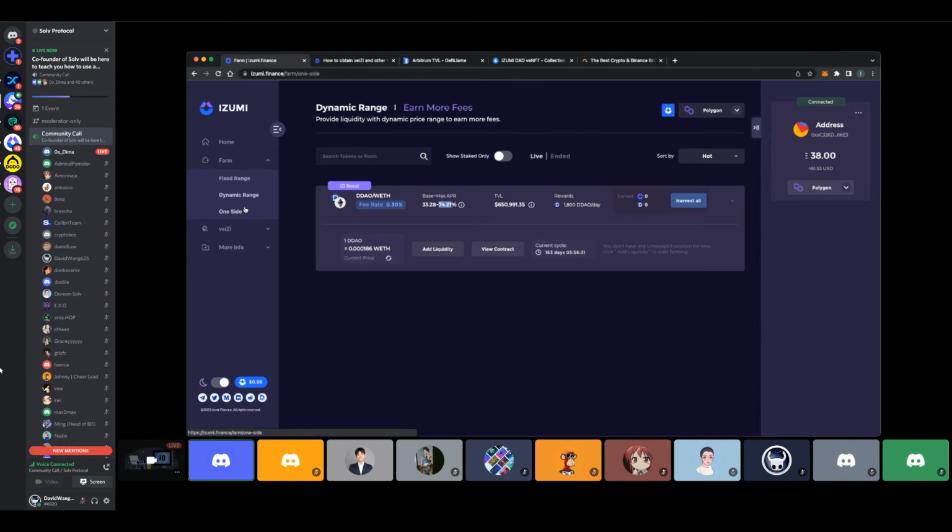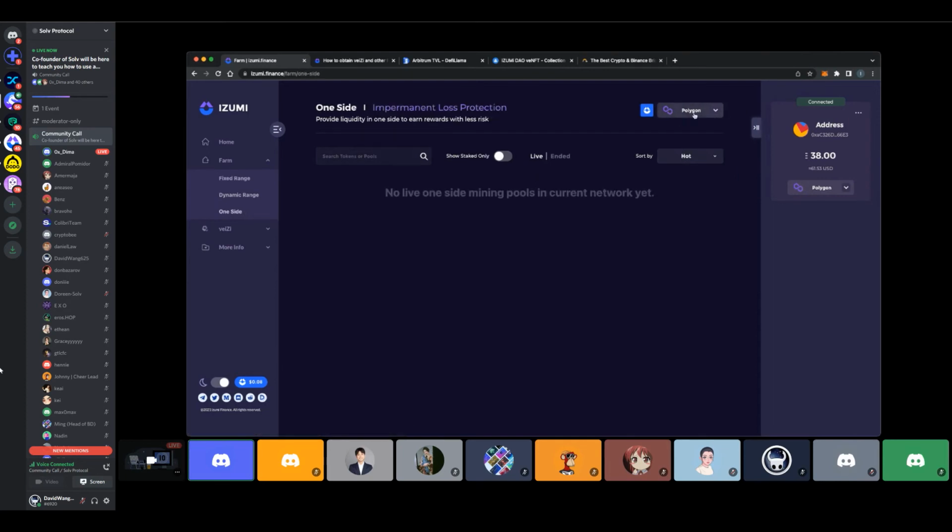And the last option for now is the one-side farming option. The one-side farming option is really easy to use. We also call it the non-impermanent loss option. Why so?